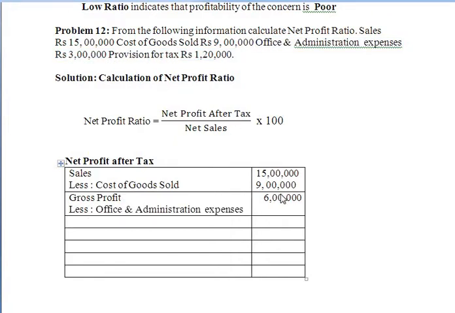What is the amount of office and administration expenses? It is 3 lakh.